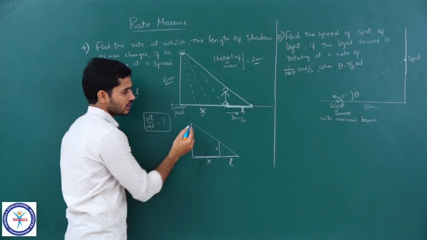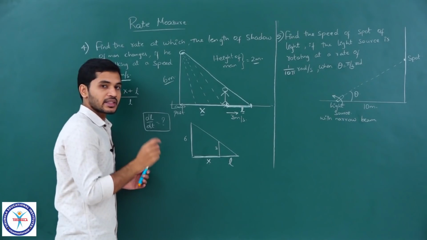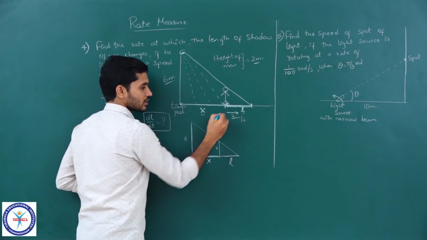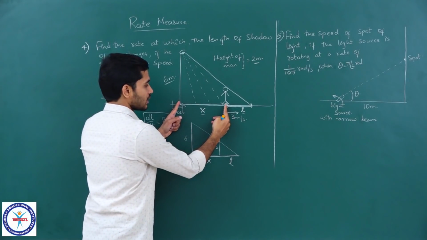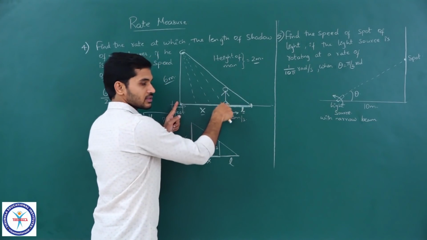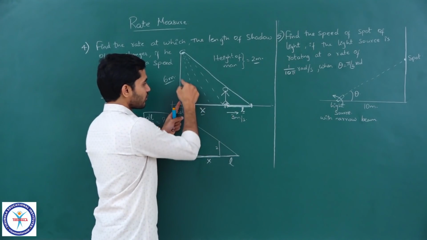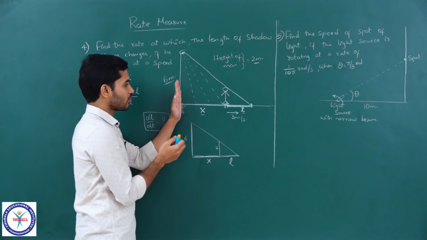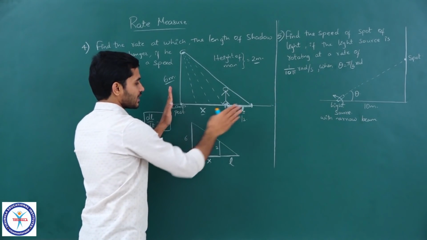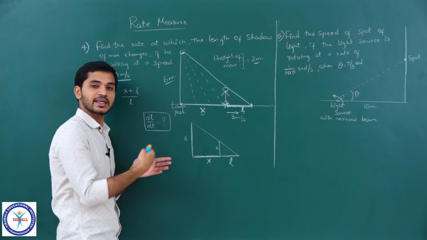Now think properly, if the man is moving in this direction with 3 meter per second, they have indirectly given us the value of dx by dt, correct? Because can I say that the rate at which this length increases is the speed of the man, right? This is the distance of the man from the lamp post. As the man walks, the distance between the man and the lamp post will increase.